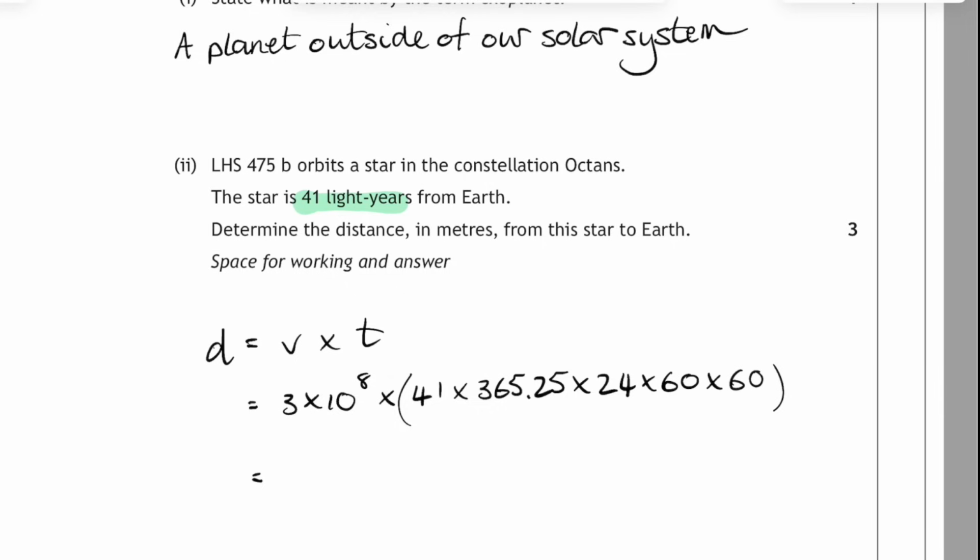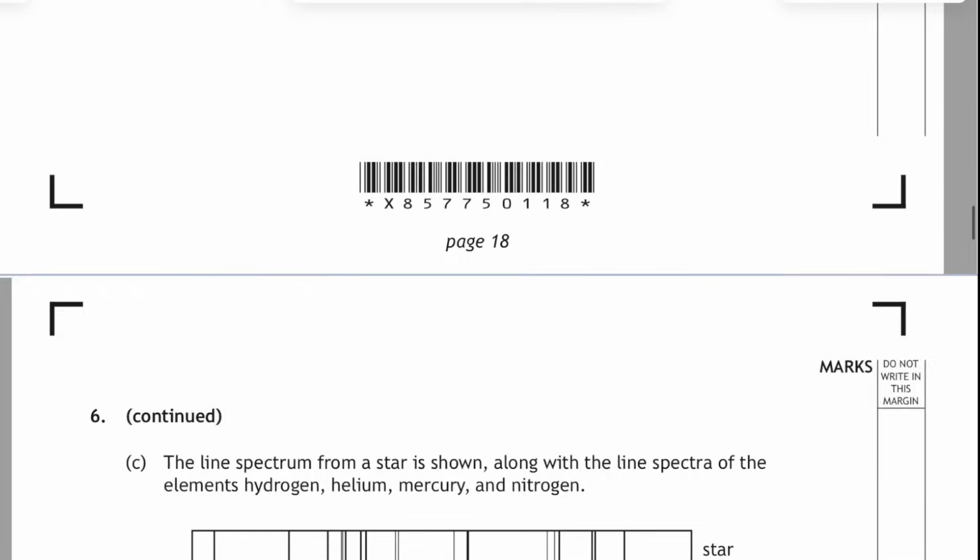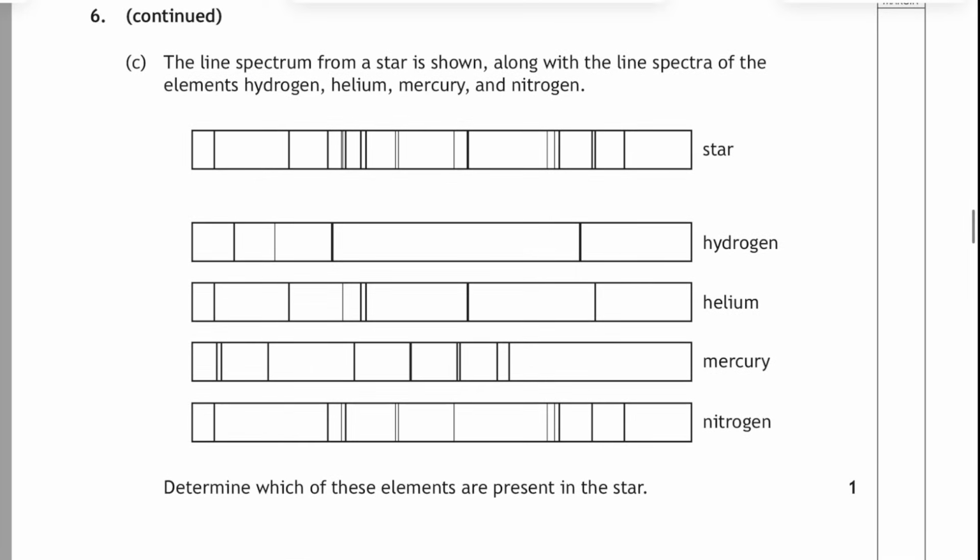And that whole bracketed term there is the number of seconds in 41 years. And so light will have travelled 3.9 times 10 to the 17 metres in that 41 years. It's a huge distance. So remember, a light year is not a time, it's a distance in space that you can work out from distance equals speed times time.